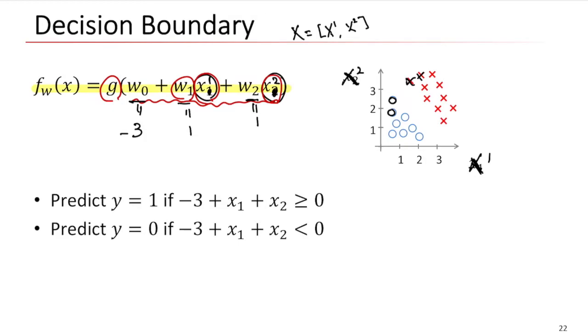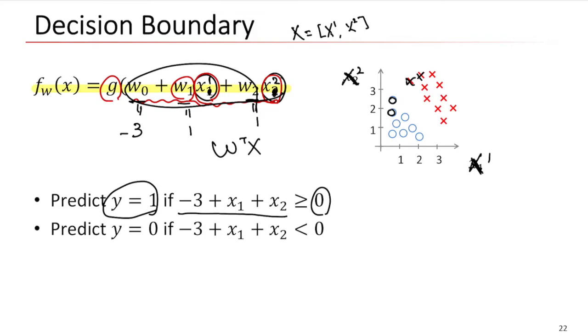So if W transpose x is larger than 0, this is class 1, and if this value is less than 0, we can determine y is equal to 0.